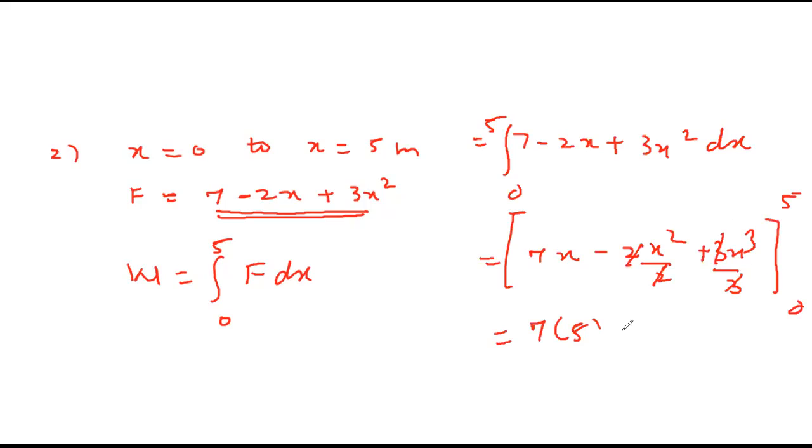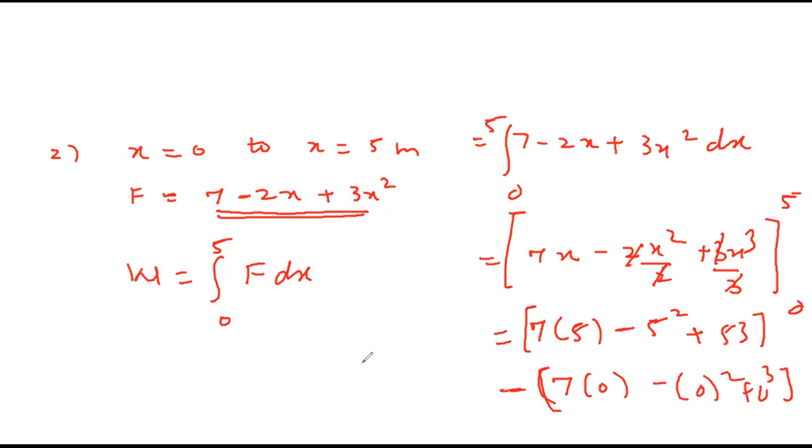7 into 5 minus 5 square plus 5 cube, first term, minus of 7 into 0 minus 0 square plus 0 cube.